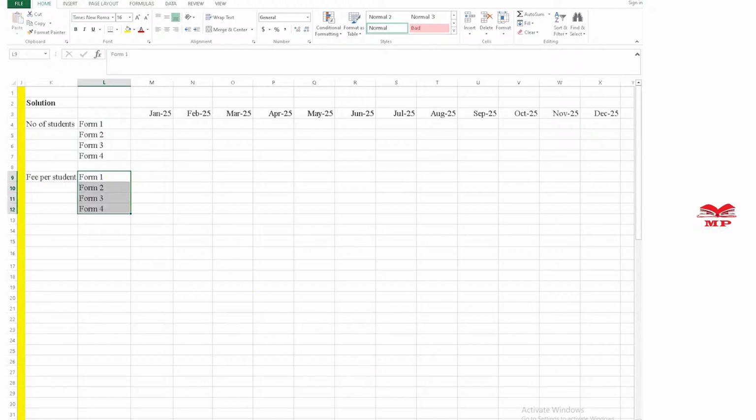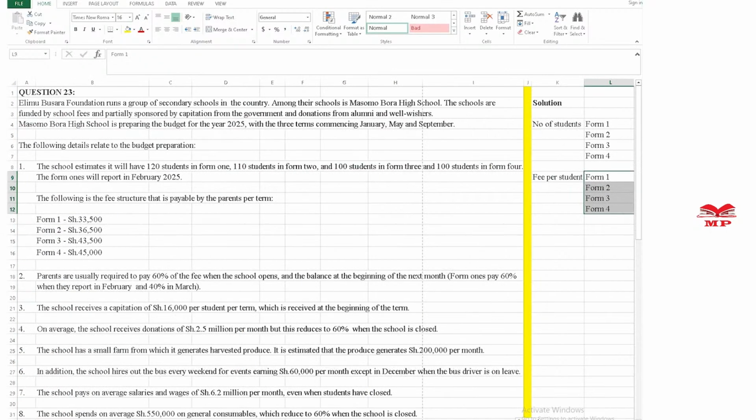And once we have that, then we go to the details that relate to the budget preparation. The school estimates 120 students in Form 1. So here we are told 120 students in Form 1, 110 students in Form 2, 100 students in Form 3, 100 students in Form 4.